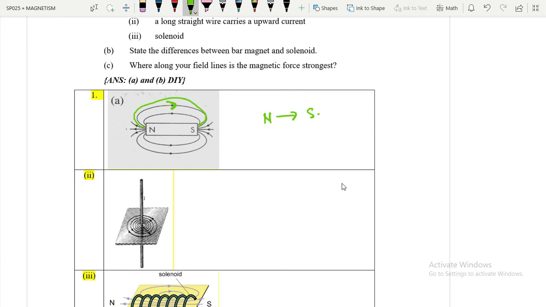The number of lines represents the strength of the magnetic field.